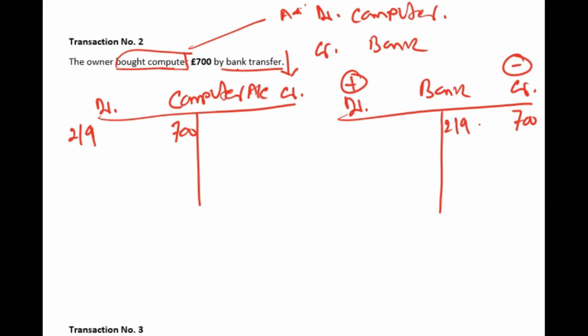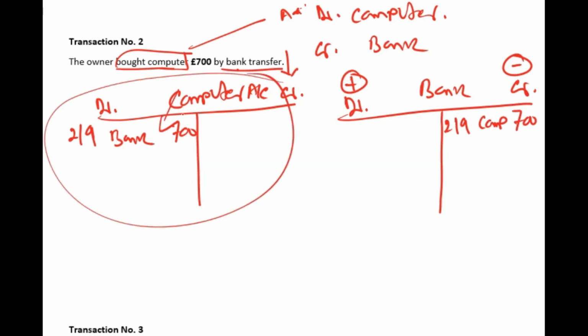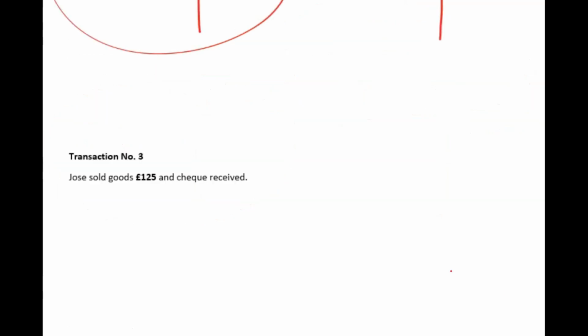And you write the opposite account's name into the detail. In computer, you write bank. In bank account, you write computer. That's how you do it. Yet again, every transaction has two effects, one debit, one credit. Computer itself is a debit account and computer is coming in, so debit. Bank is also a debit account, a current asset, but this time bank is going down. If you watch my other video on PEARLS, that will help you understand what is up and down. Moving on to further transactions.